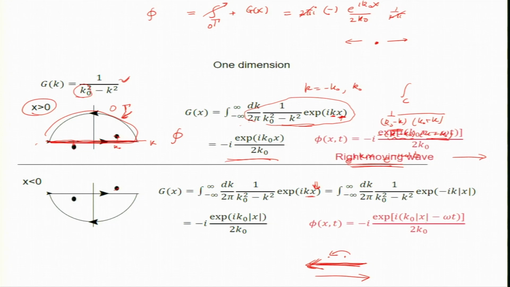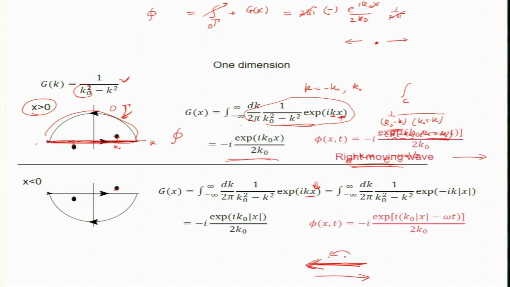So, this is a different boundary condition. It is possible there is something which is attracting the waves. Wave need not always go out, wave can come in as well. So, if you want the incoming waves, then you just change the poles, flip it. The right will go down and left will go up.